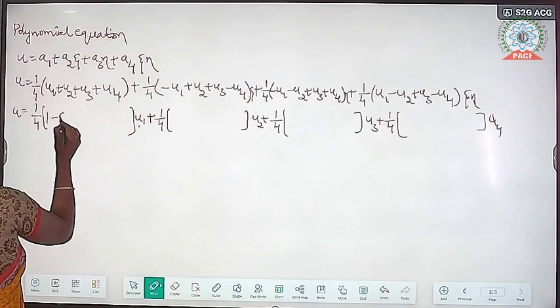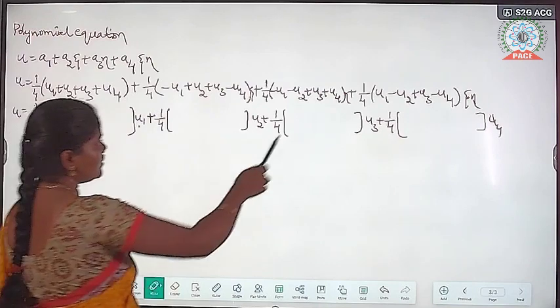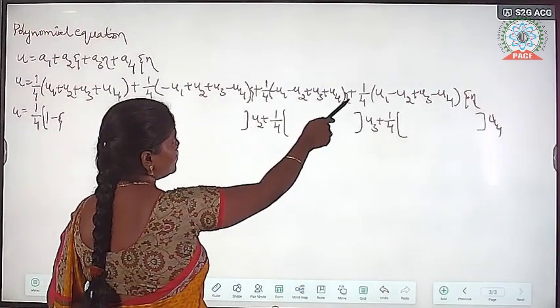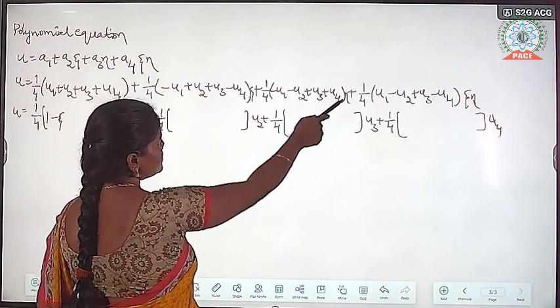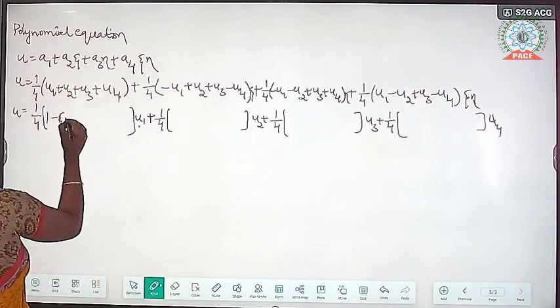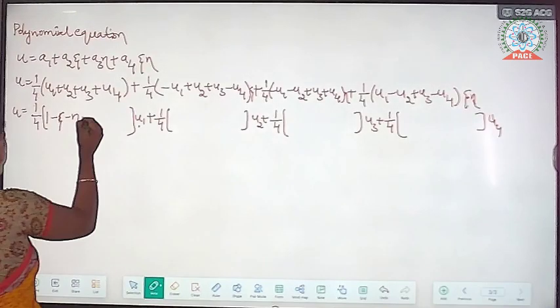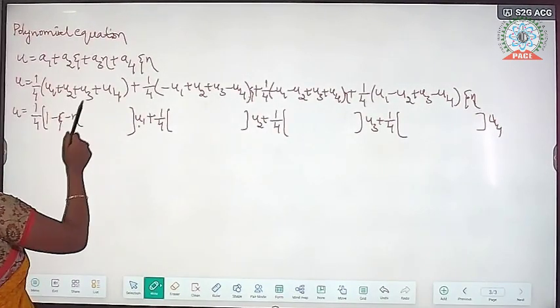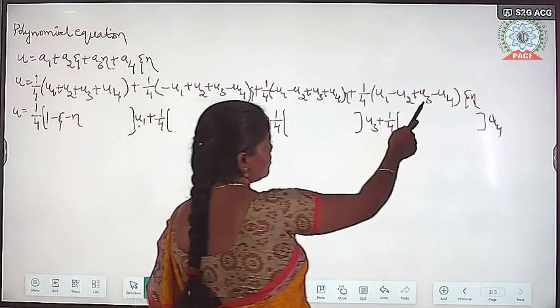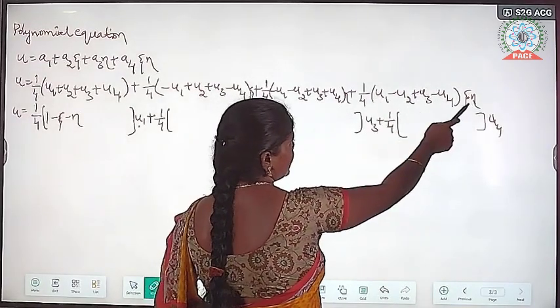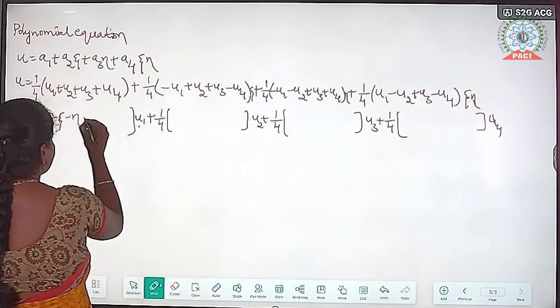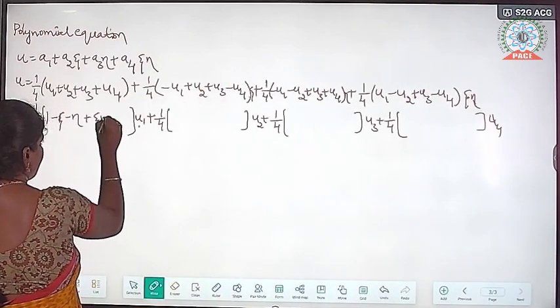Again here also u1 term into eta is there. So u1 is already taken as common and the remaining term is eta. So here minus is there, minus eta. Next again in this coefficient equation the u1 term is positive. So here xi into eta is there. So 1 into xi eta. So this is the equation, the common term in u1.